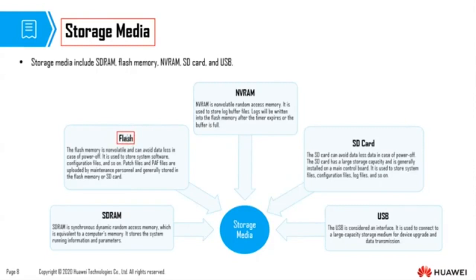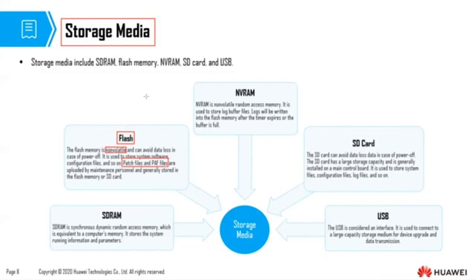The flash drive is like the hard drive in our laptops and desktop computers. It is non-volatile, meaning it offers permanent storage even when you shut down the device. Normally, it will store all the files, like the patch files and the path files. All of them are saved in the flash drive.